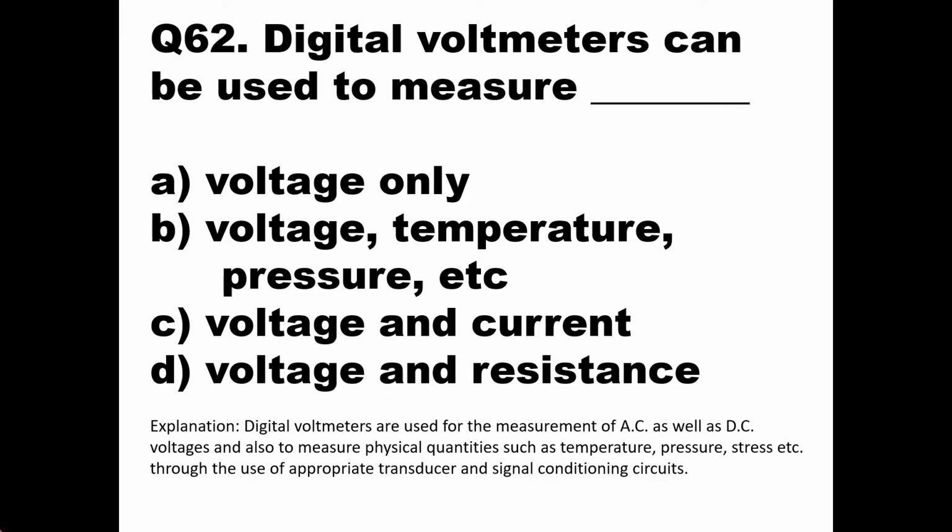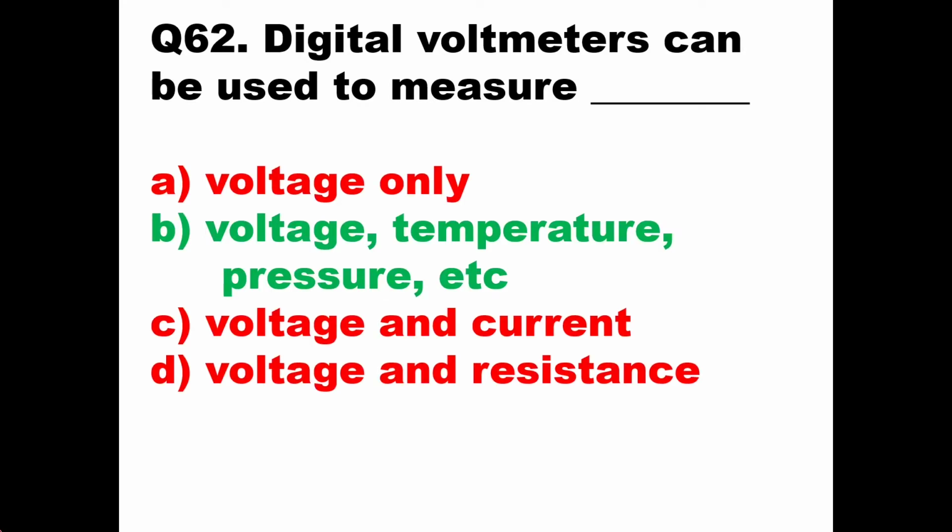The same is true for pressure. It will be converted to an electrical analog signal, then to a digital signal, and shown in terms of appropriate voltage. So option B is the right one. It is not only voltage, it will show you voltage, temperature, pressure, etc., all these types of parameters. Then we'll go to the next question.